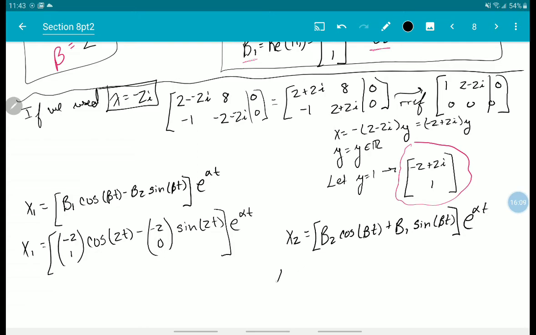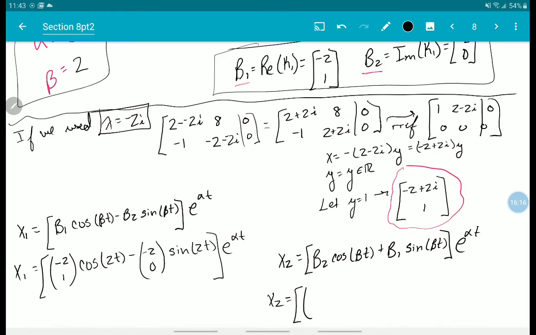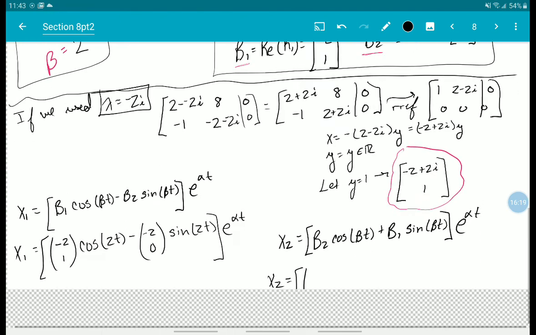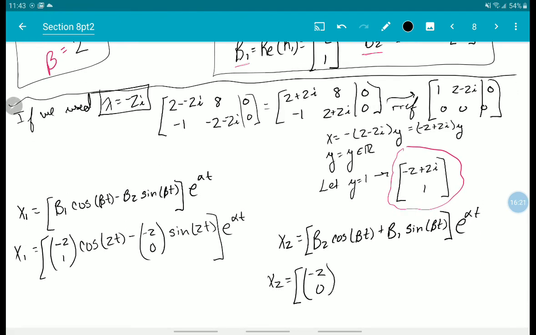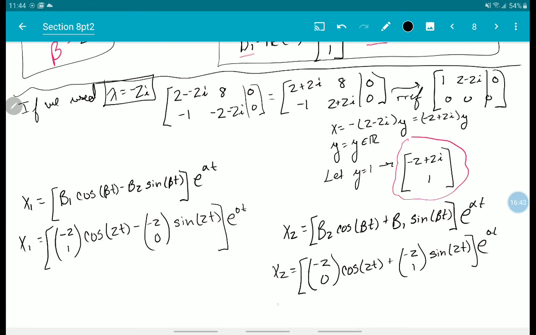So if we make our substitution here, our b2 is negative 2, 0 cosine of 2t plus b1, which is negative 2 and 1 sine of 2t, and that's multiplied by e to the 0t. Alpha is 0 in this case, and e to the 0t is just 1, so these simplify just a little bit more.